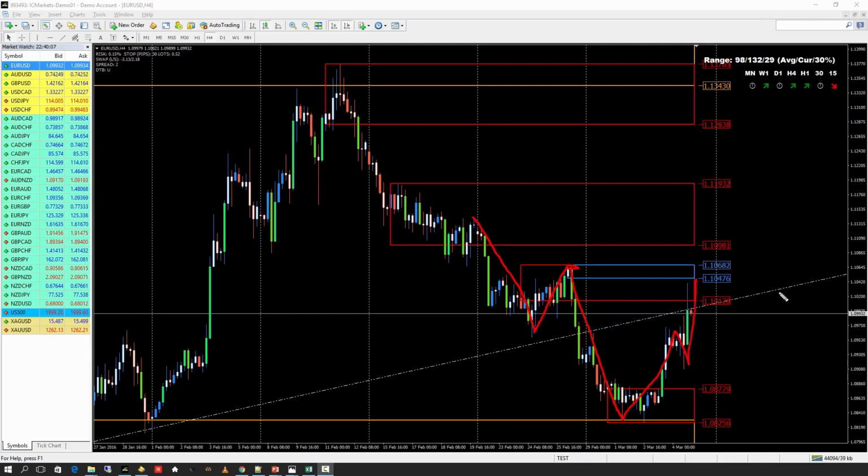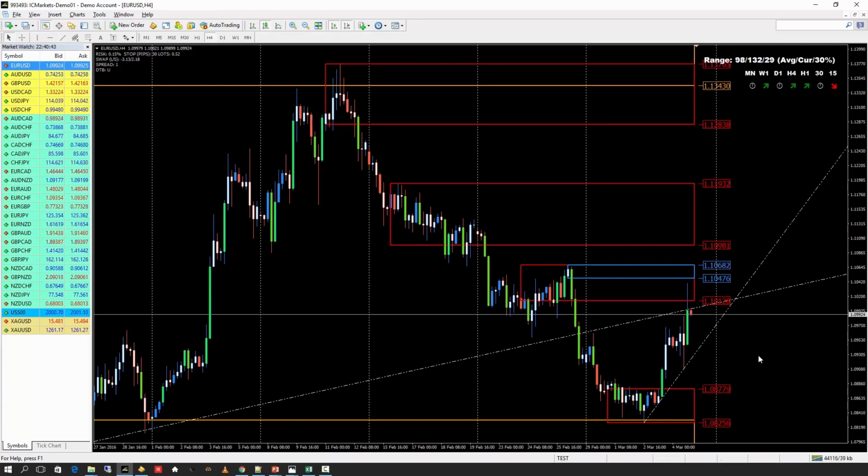We have our first point, we have our second point, and the reason this one is valid is because it took out this high. So our trend line can go from here to here, like that. So we have a 4-hour uptrend. This is what we're currently looking at.